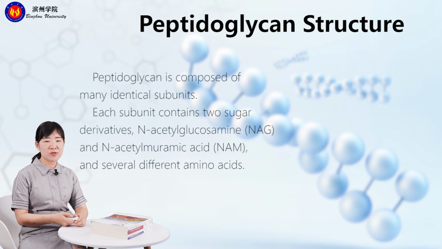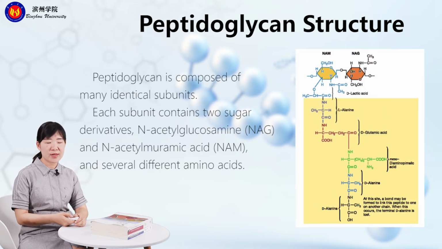Peptidoglycan is composed of many identical subunits. Each subunit contains two sugar derivatives. The first is N-acetylglucosamine and the second is N-acetylmuramic acid. We also call them NAG and NAM.